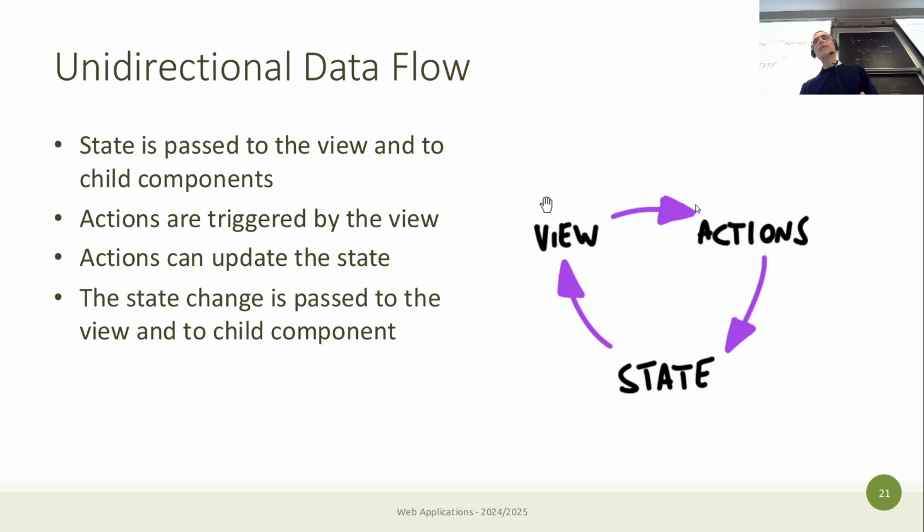And then we wait, as usual in a web application. We don't do anything until the user acts and does something. So the user will click, move the mouse, type something in a form, and so on. And so some actions will be executed according to the event listeners that we created already in the components.